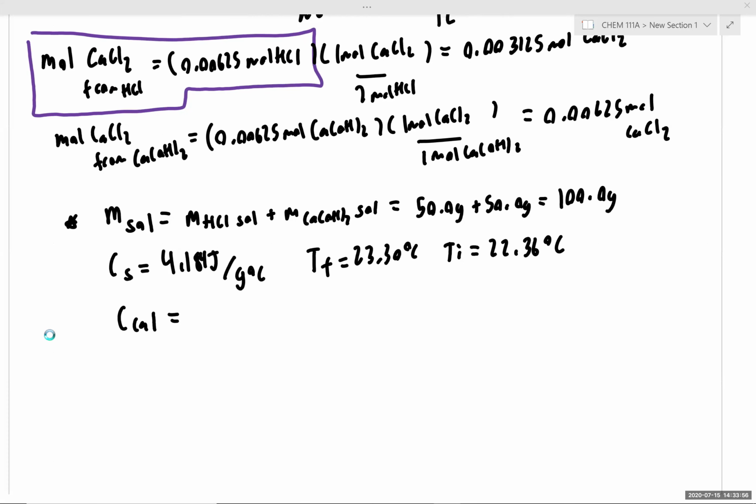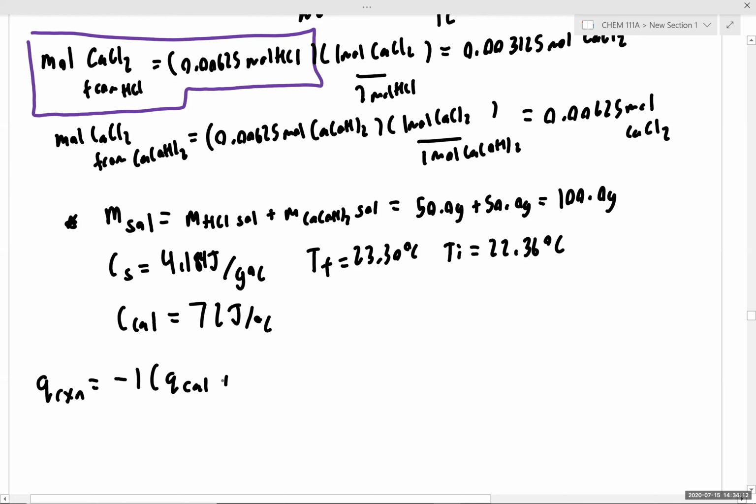Okay, so we know the heat capacity of our calorimeter is 72 joule per degree Celsius. We know that the Q reaction is equal to -1 times Q cal plus Q solution.